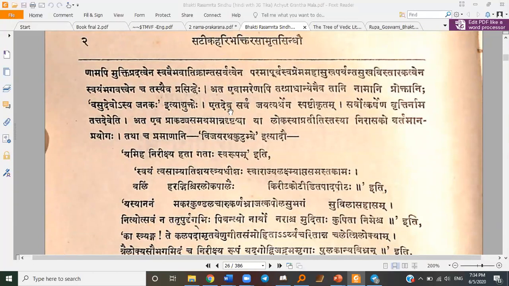Atah eva amarena api tat pradhanyena eva tani namani proktani. Amarena here refers to Amar Kosha. Amar Kosha is not a dictionary, it's like a treasure of words.